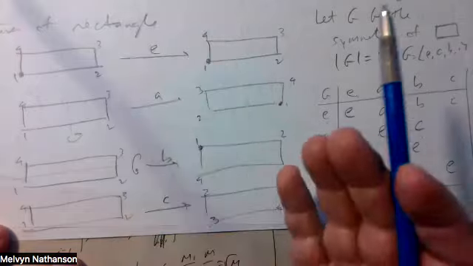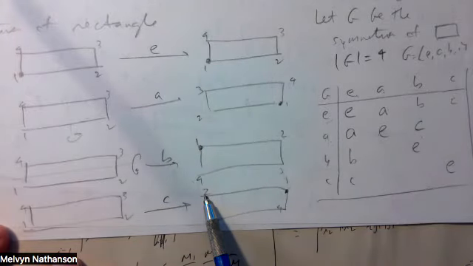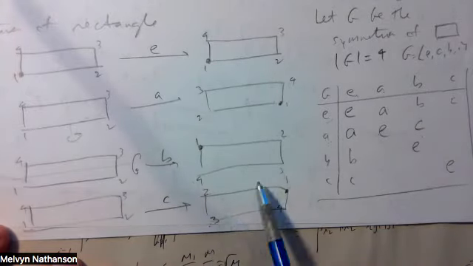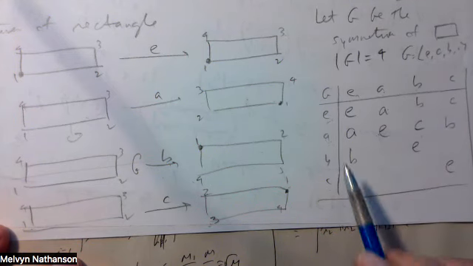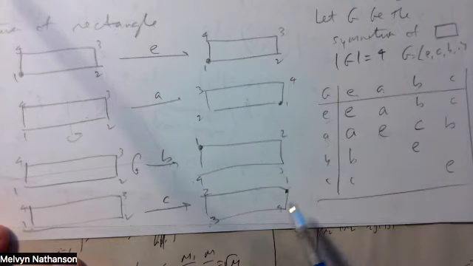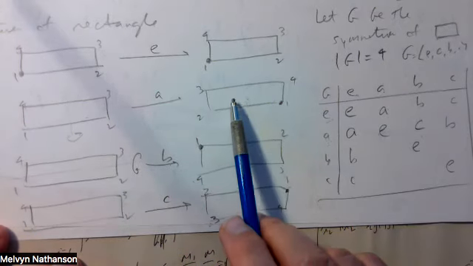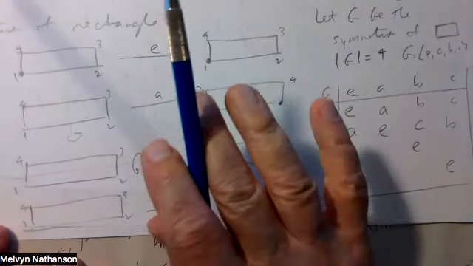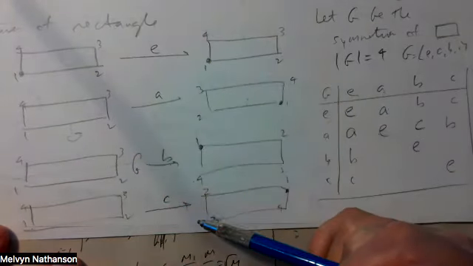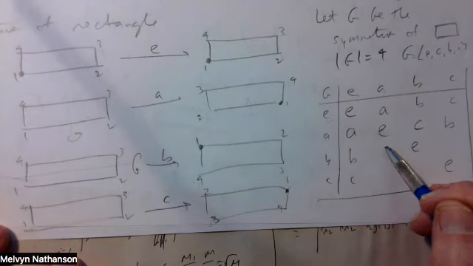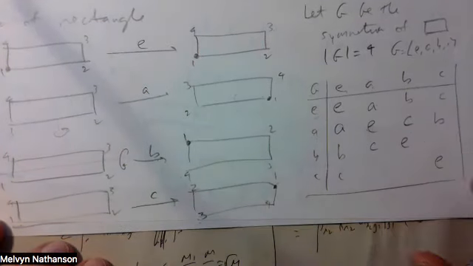A is the operation which flips vertically, so 1 ends up over here. You get 1, 4, 2, 3. That's equal to B. What is B times A? You flip A vertically, B horizontally, you end up with C.